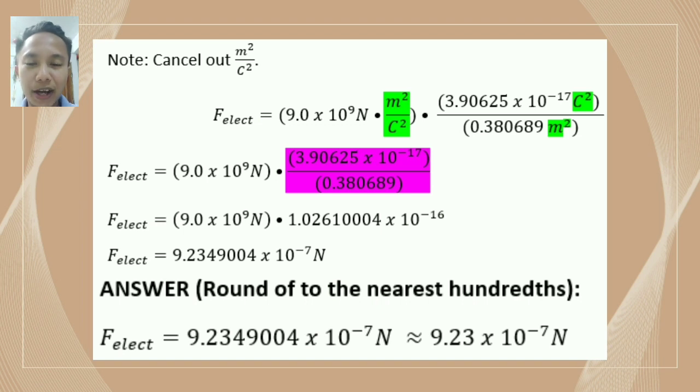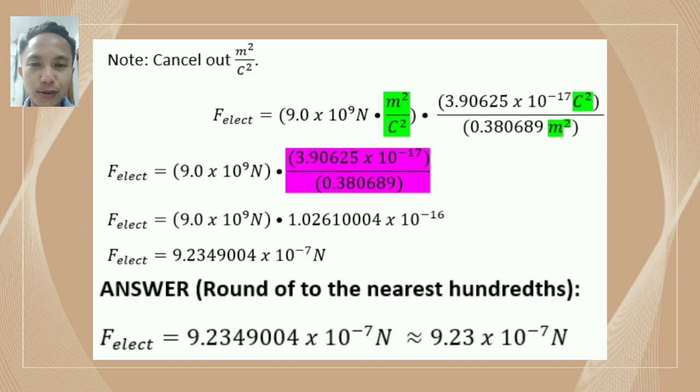Now multiply this by the remaining of the Coulomb's constant, which is 9.0 times 10 to the power of 9 newtons, without the meter squared over Coulomb squared.